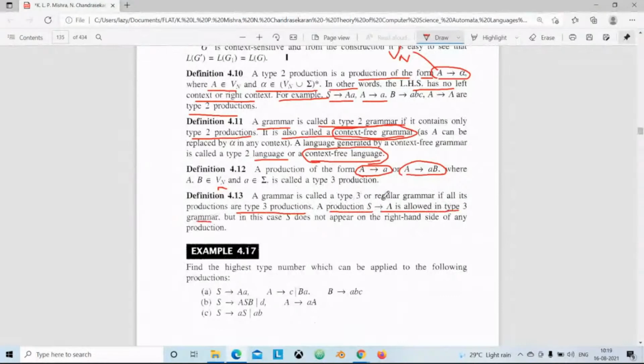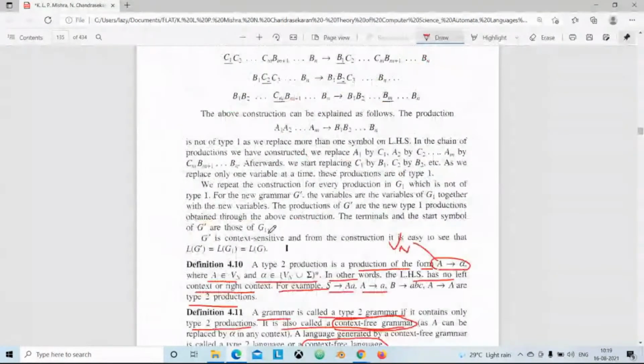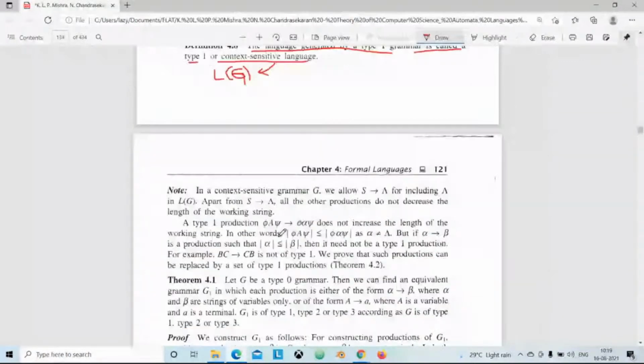So apart from these, we can allow S implies empty. This is an exception, but in that case S does not appear on the right hand side of any production. This is the constraint which we are applying. You have to keep these things in mind while you are designing your grammar productions.